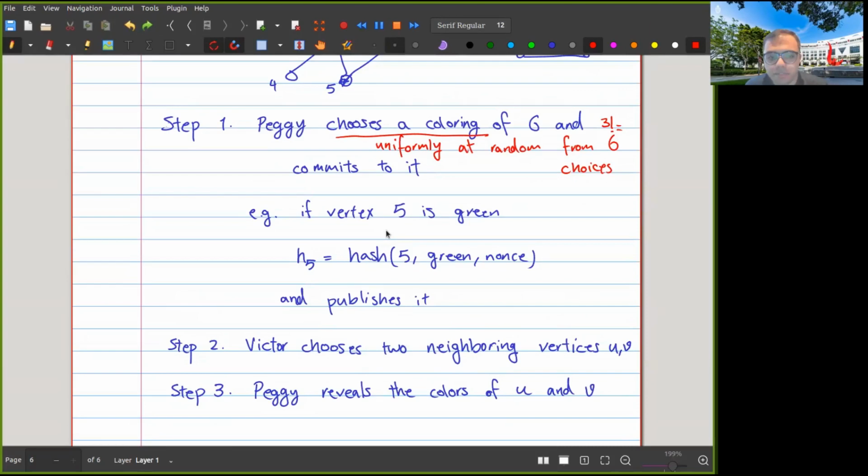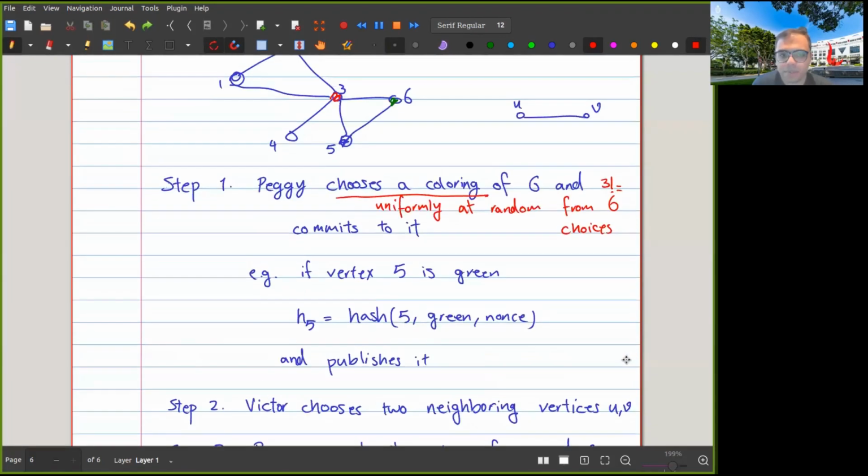But the other really interesting thing here is that Victor cannot prove this to someone else, right? So again, if Victor just records the entire interaction, and then shows this interaction to someone else, to Sarah, Sarah will not be convinced, because maybe Victor was just faking the entire thing. Maybe Victor was colluding with Peggy, and every time Peggy knew which vertices U and V Victor was going to choose, and so Peggy didn't really have a coloring of the entire graph.